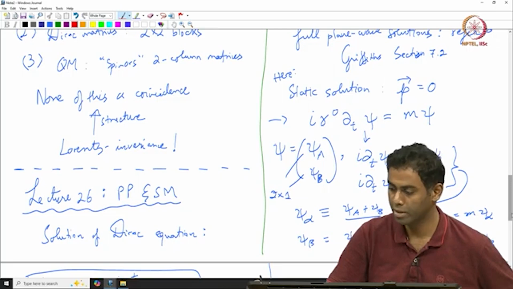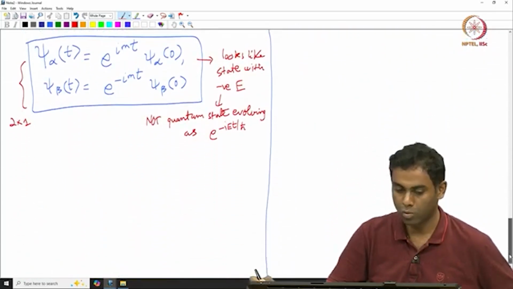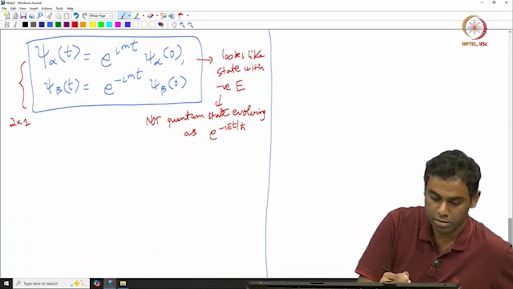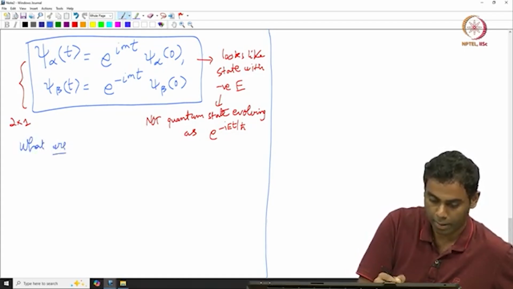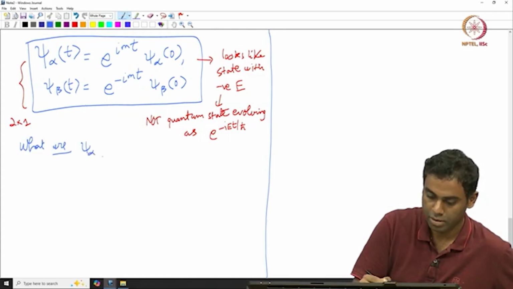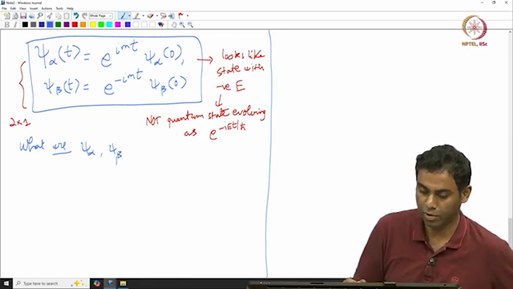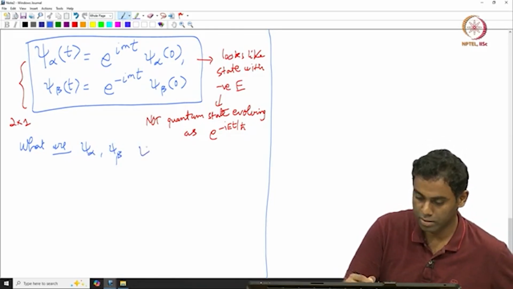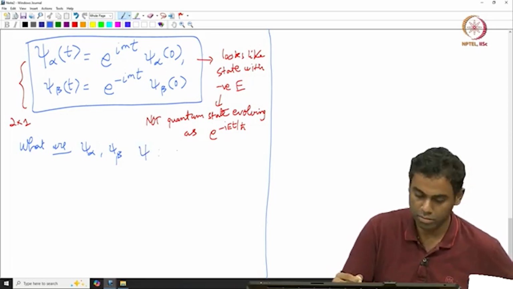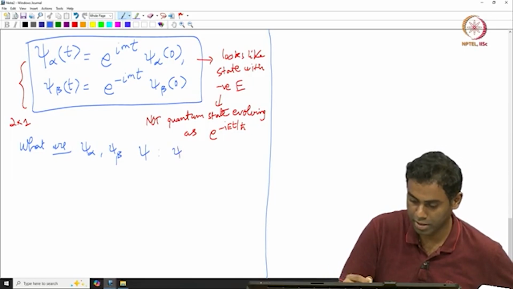So what really are these psi alpha, psi beta, psi A, psi B and so on? See, the psi in some basis I can now write as some psi alpha, psi beta, or in some other basis.